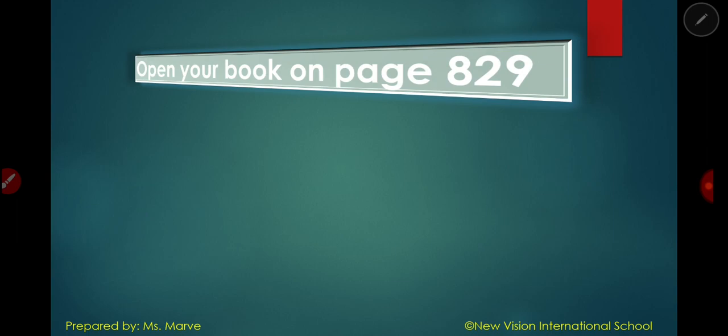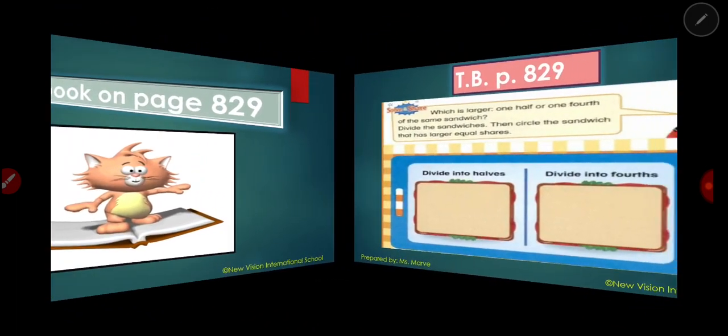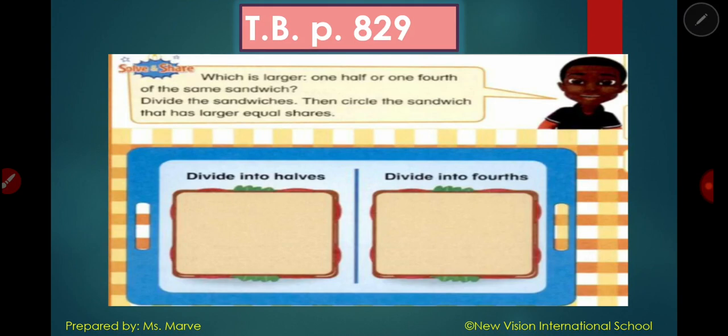Now, I would like to encourage you to open on page 829. Okay? Open your book on page 829. Are you there? Great. Okay, let's read the question together. 1, 2, 3, start. Which is larger? 1/2 or 1/4 of the same sandwich? We have 2 sandwiches here.